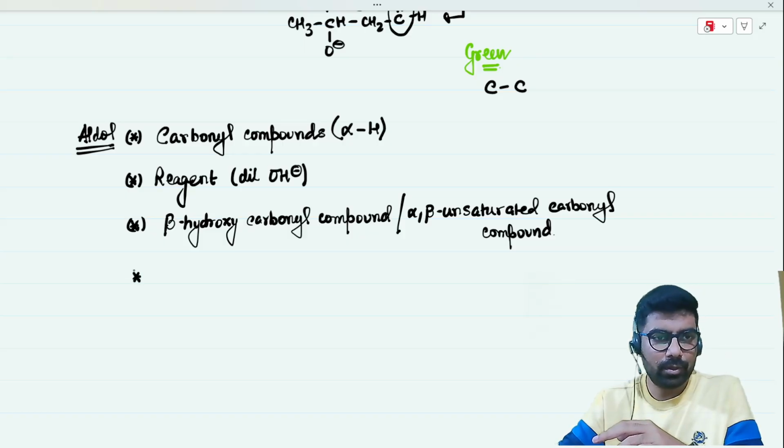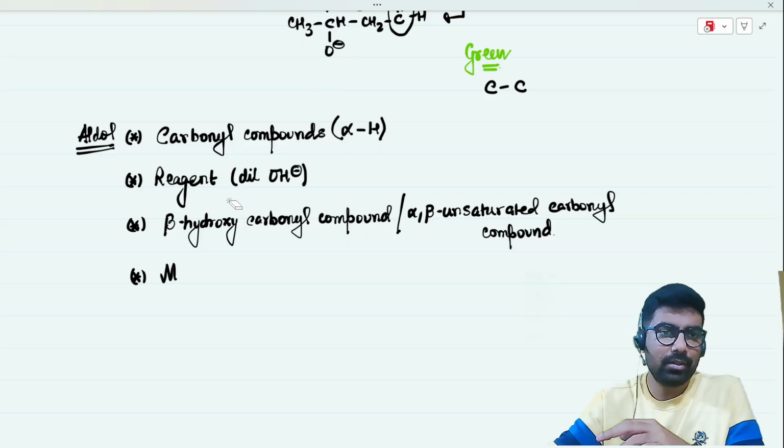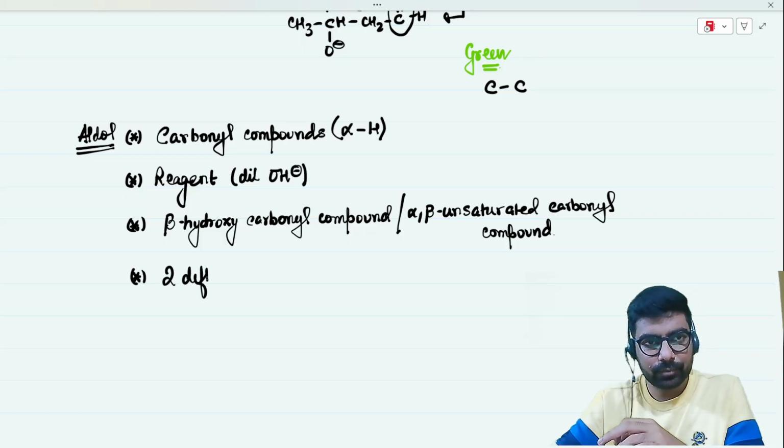Then we will move on to when there can be two types of aldol, that is when there are two different carbonyl compounds present.